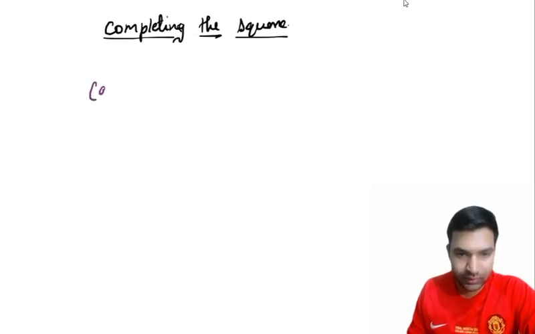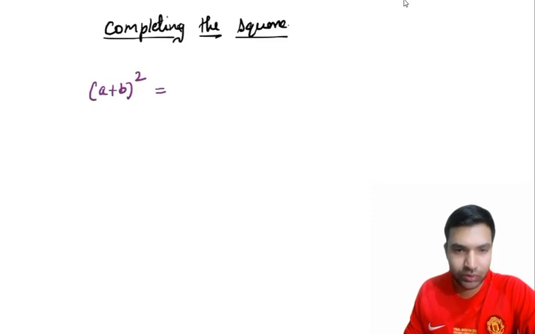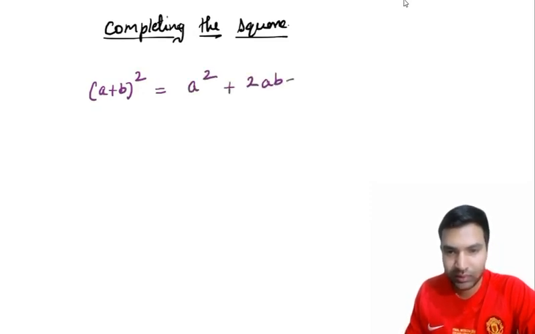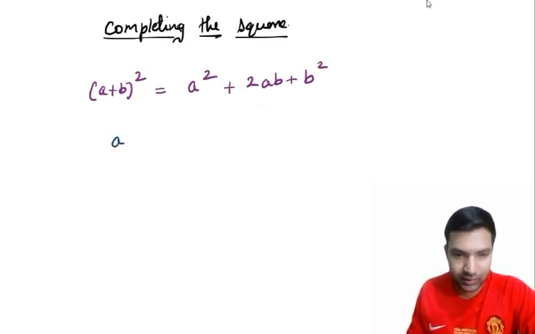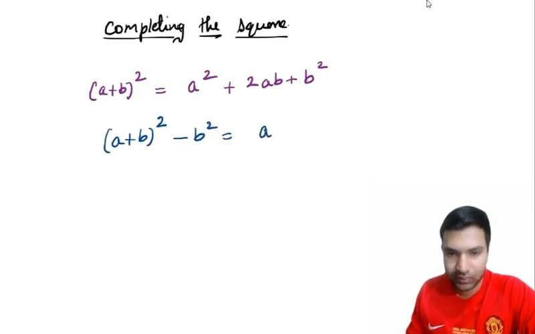As we know that (a plus b) whole squared, if you expand this, you'll get a squared plus 2ab plus b squared, isn't it? Now, think of it as writing like this. Can I rewrite this as (a plus b) whole squared minus b squared equal to a squared plus 2ab?